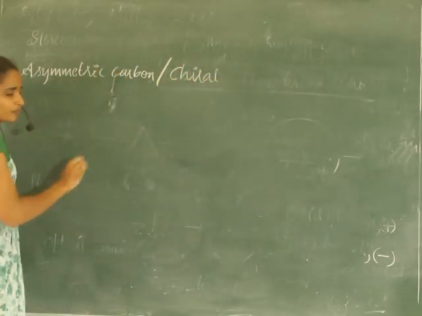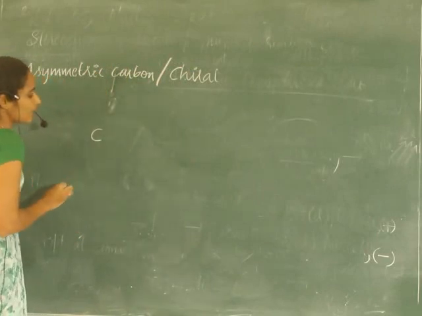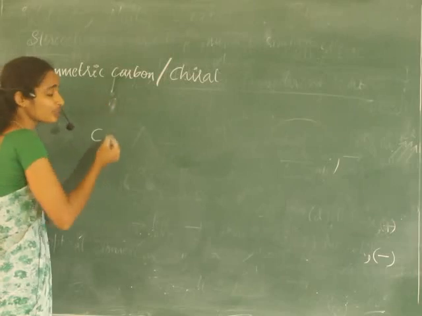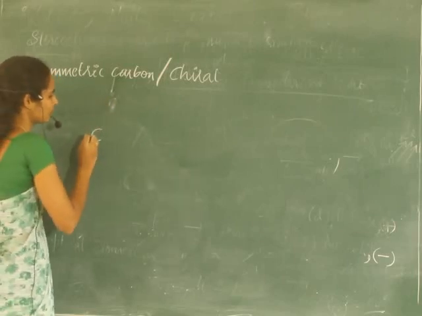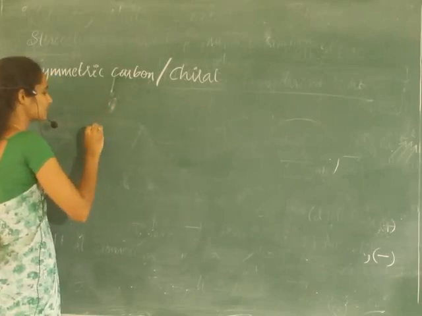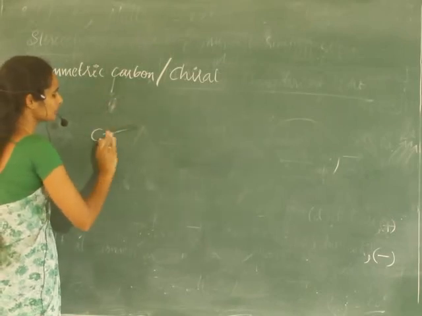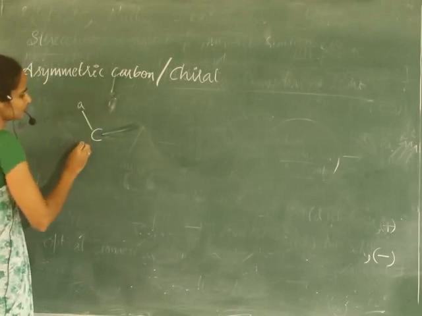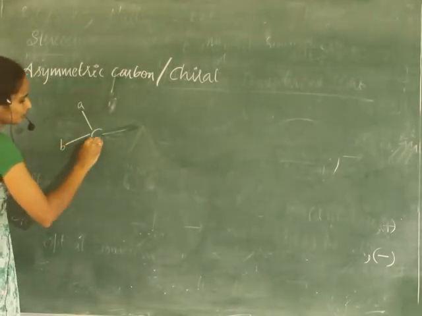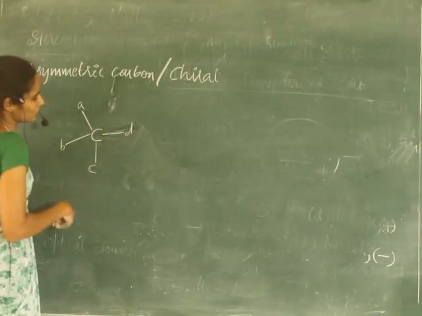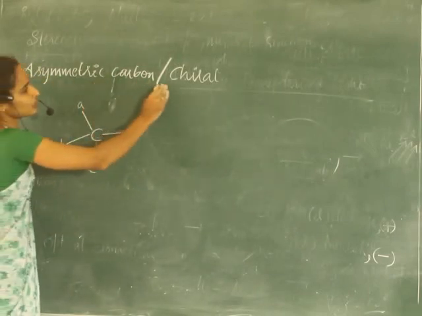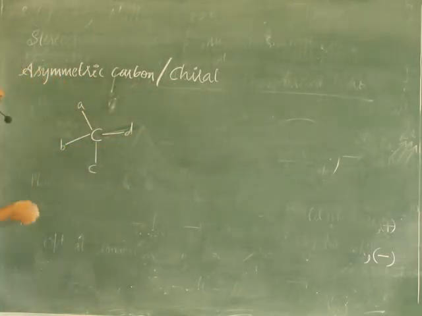If a tetrahedral carbon is attached to 4 different groups, say A, B, C, D, then it is called an asymmetric carbon or chiral carbon. Only these compounds will show optical activity.